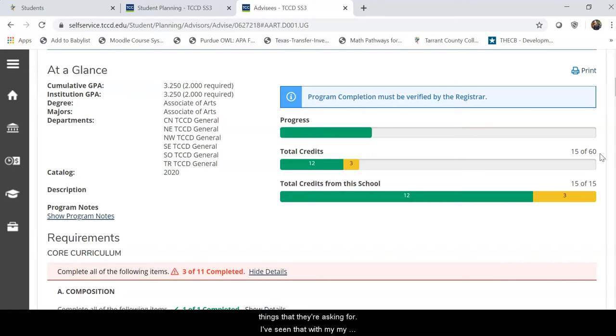I've seen that with my education majors in particular with one of the area schools where they'll complete the entire teaching degree with us, but then there's 3 or 4 additional classes they need to take that the area universities will accept from us. So they'll actually have more than 60 hours. All right?